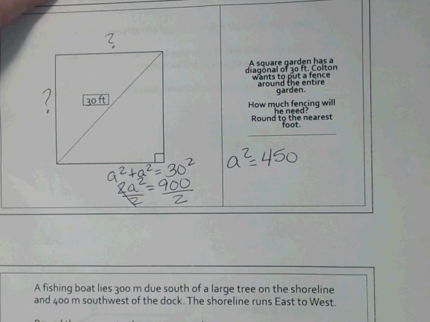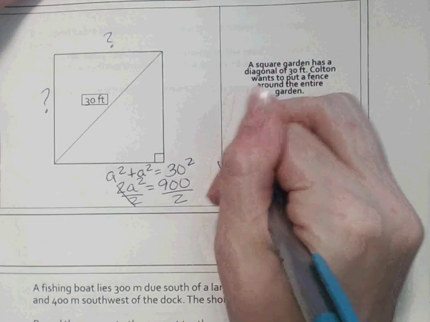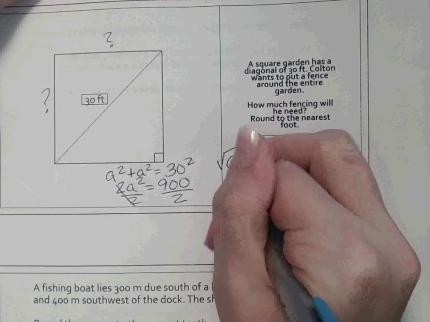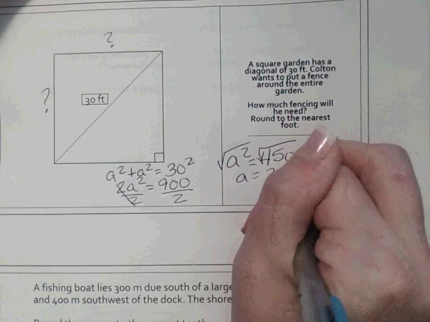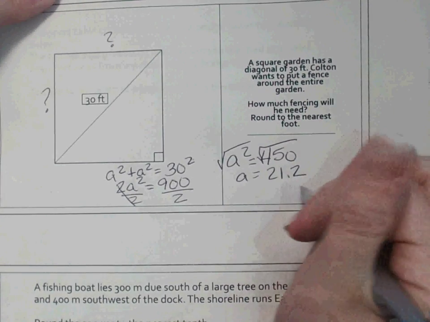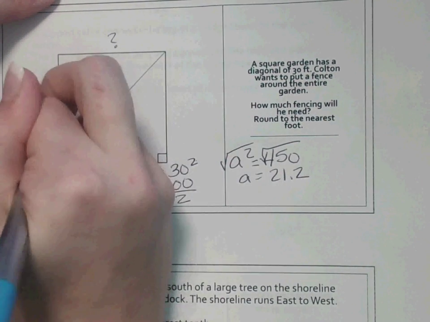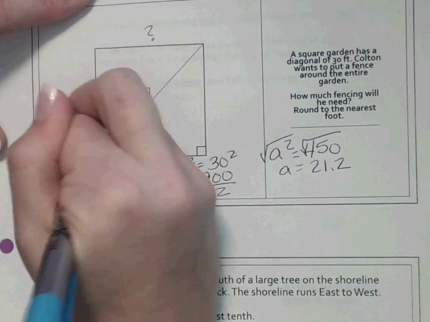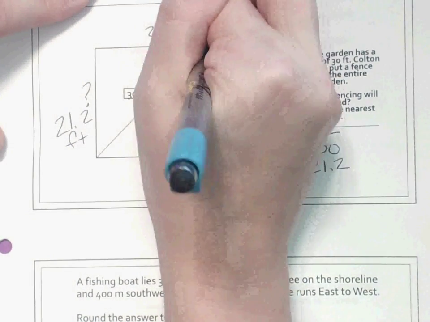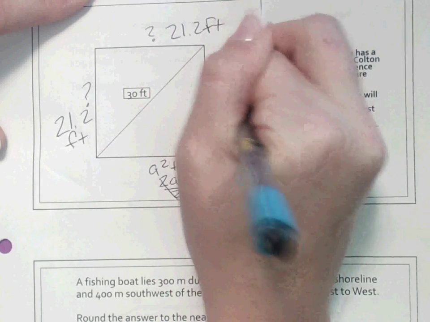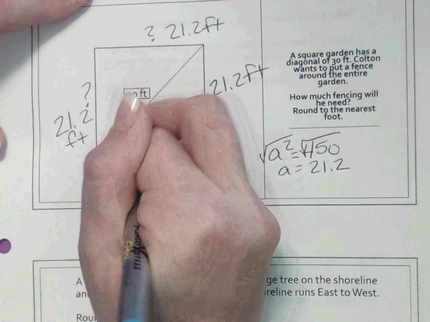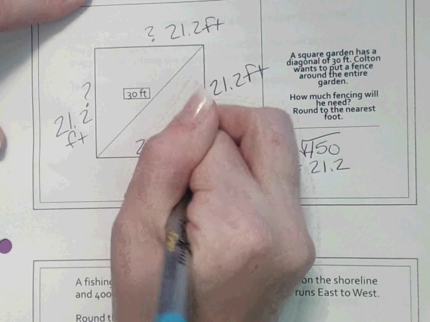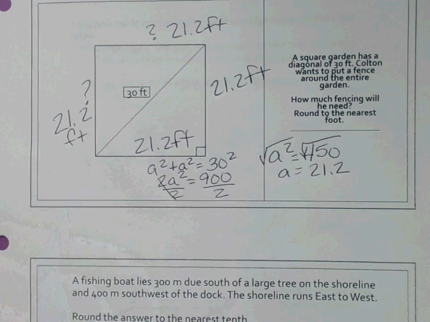When I take the square root of both sides, the square root of 450 gives me 21.2. So each of these sides is 21.2 feet. If it helps, label every one of them. Okay, so we've got all of those.